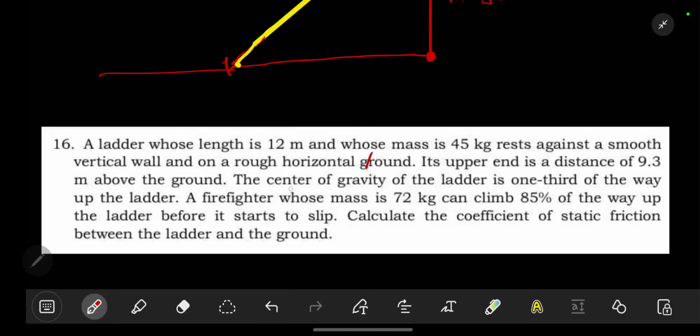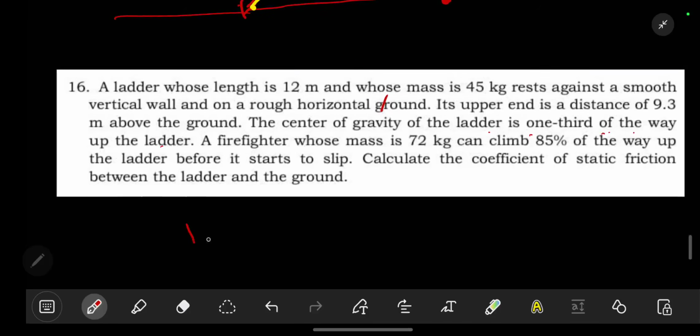We are told that the center of gravity of the ladder is 1/3 of the way up the ladder. The ladder is 12, so we want to see where the mass is mostly concentrated. 1/3 times 12 gives us a value of 4.